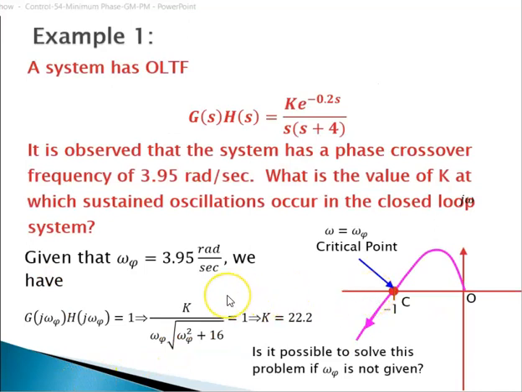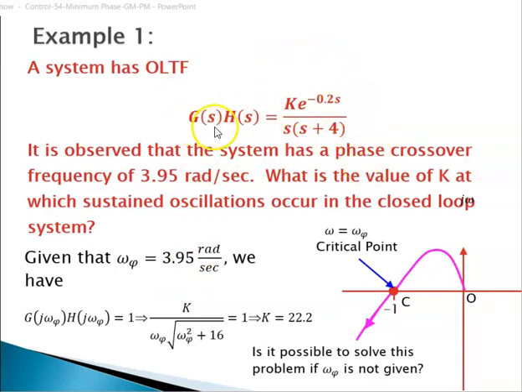We'll solve one very small problem here and close this topic. Let us say you have a transfer function as given here.